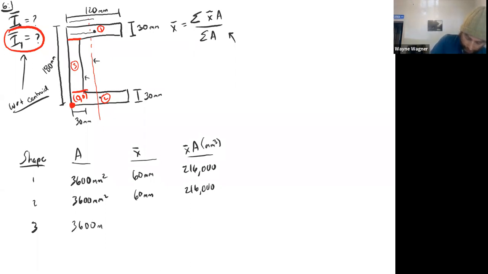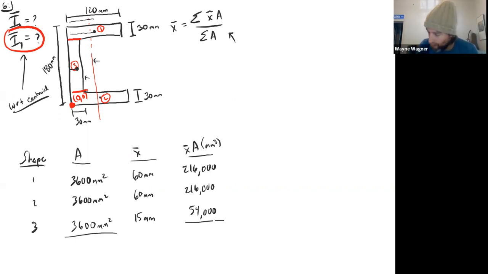Oh, I did a good job picking. Its x bar is, again, it's a rectangle, so it's halfway out, about right there. So it's 15 millimeters. And so I'm going to multiply 3,600 times 15, which is 54,000. Okay, so we're going to sum all these and all of those.